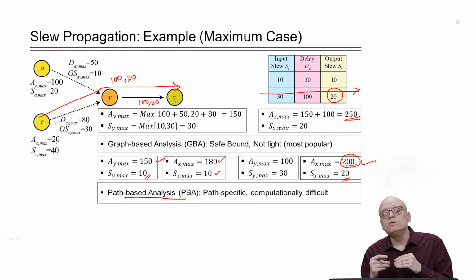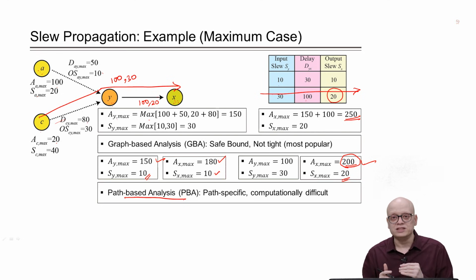That will remove the pessimism of GBA, and we may be able to close the design. Okay.